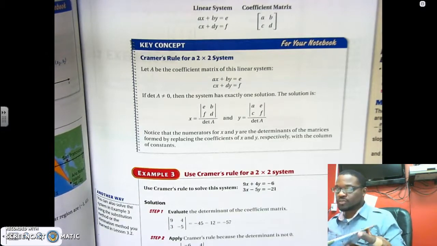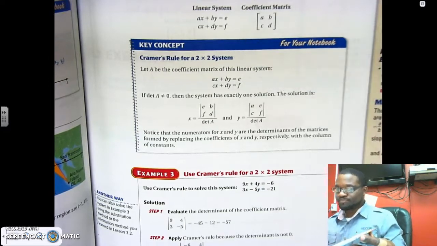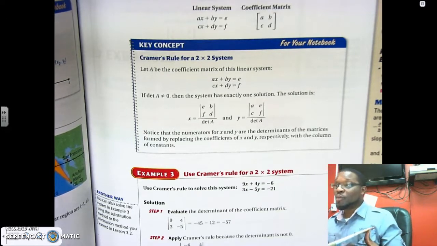Okay, this is Cramer's rule. This is something you want to get down at the top up here. This is dealing with systems of equations and determinants. This is getting into why we went into matrices right after we were doing systems of equations with 2 variables and 3 variables, because you can actually use this to find the answer.